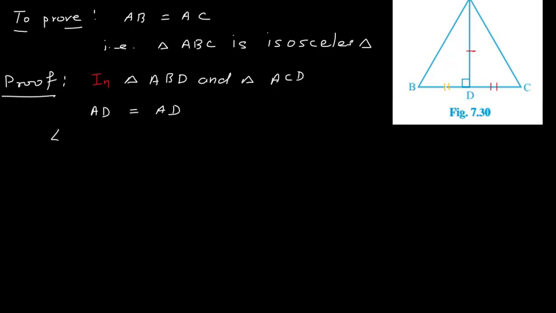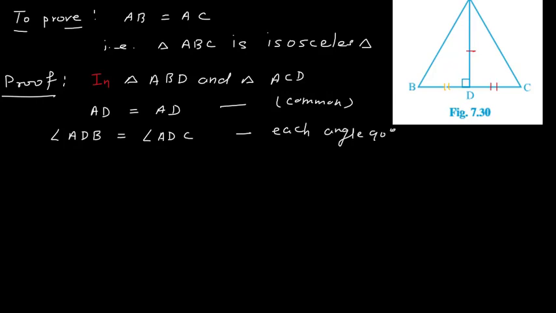Angle ADB is equal to angle ADC, here each angle is 90 degrees. And third, BD is equal to CD. Here it is given.